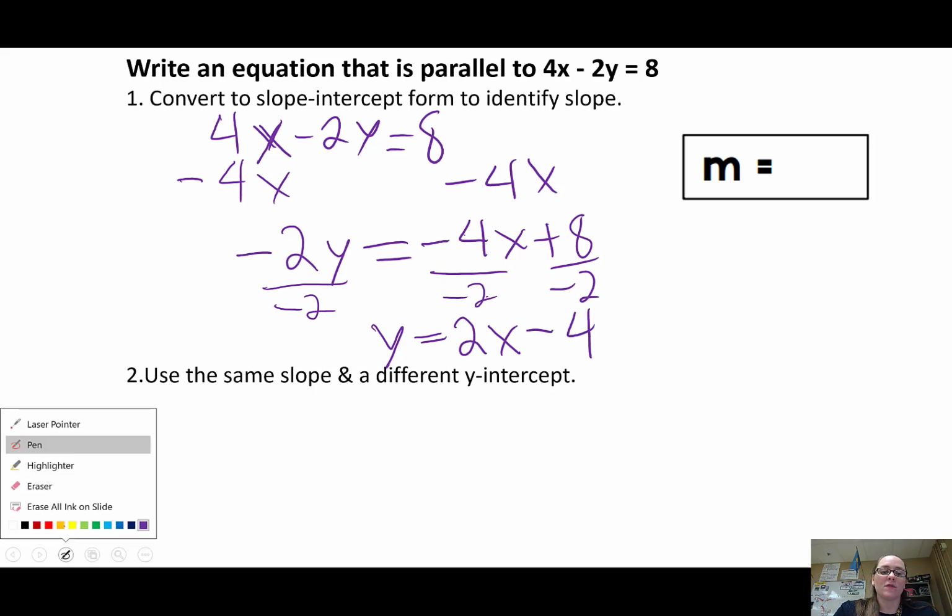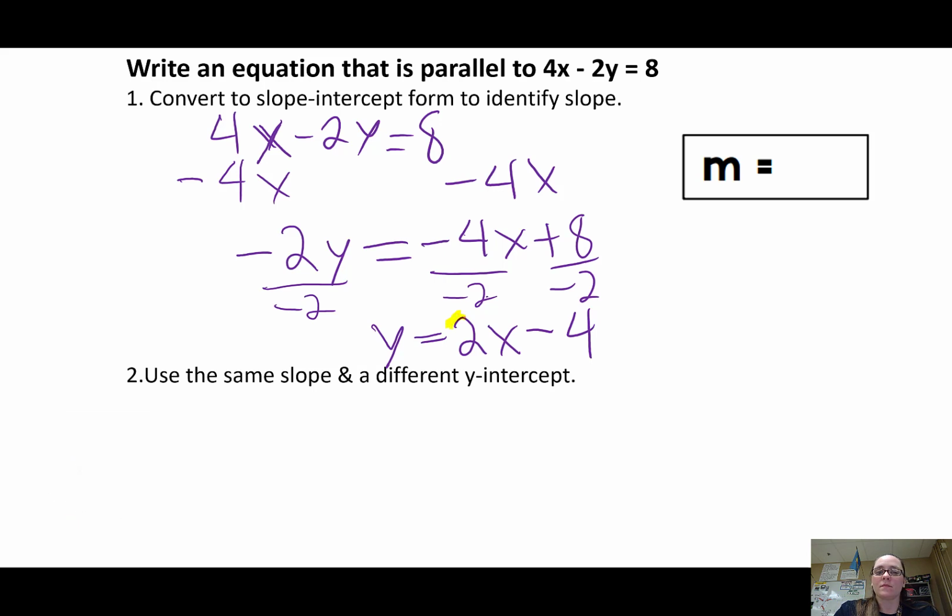So what is the slope of this line that we have? It's that number right in front of x. So our slope is 2. That's the slope we're going to use. So we're going to use that slope and any other y-intercept. We cannot use negative 4.